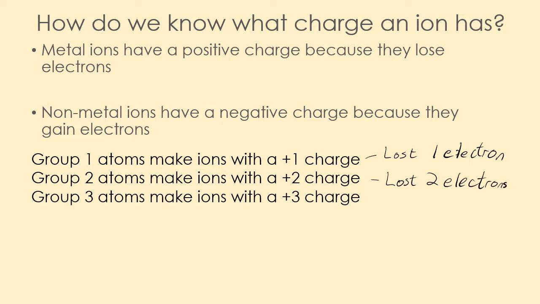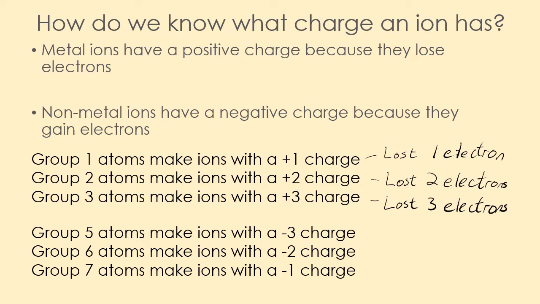You can see where we're going with this, well done. And group 3 atoms make ions with a +3 charge. And that is because they've lost how many electrons? That's right, they've lost 3 electrons. Well done. Now that's our metal ions. They're fairly easy to work out. We go, group 1 is +1, group 2 is +2, group 3 is +3. Pretty easy to work out.